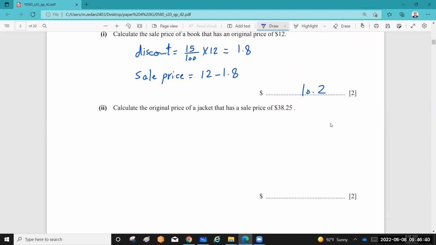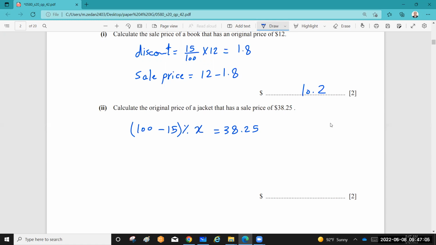Calculate the original price of the jacket that has a sale price of $38.25. This sale price 38.25 we get by applying a discount of 15%. So the 15% is subtracted from the original 100%.